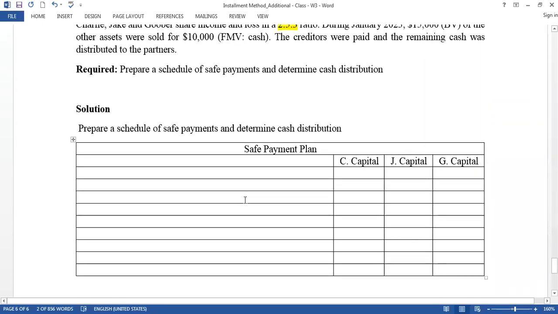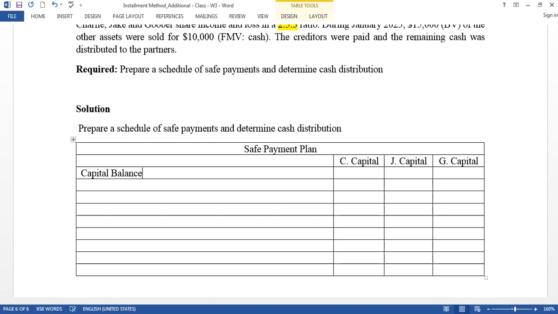Now we can see that we can write the capital balances first. So how to solve this kind of safe payment? Capital balances of the first day.